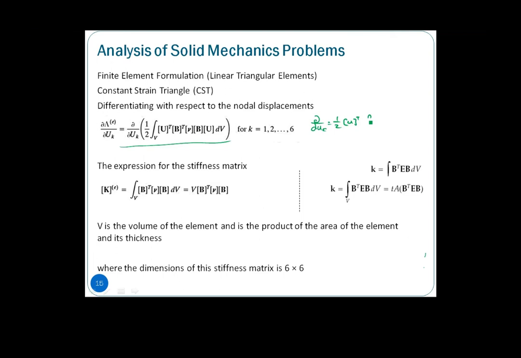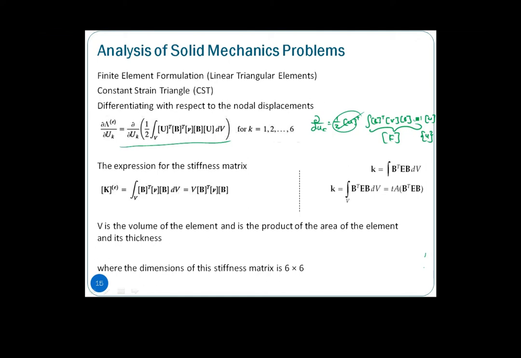Then we have this B D, then V or E, I mean nu or E are also the same. Then B itself, dV, then we have this U. So this itself is our K, then we have U itself. If we find this, this particular part will be eliminated.